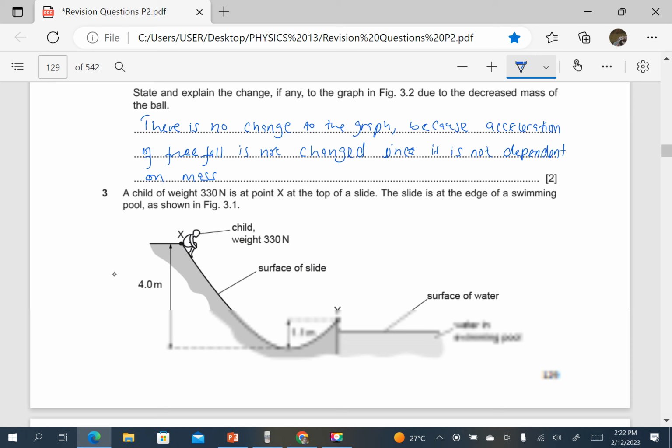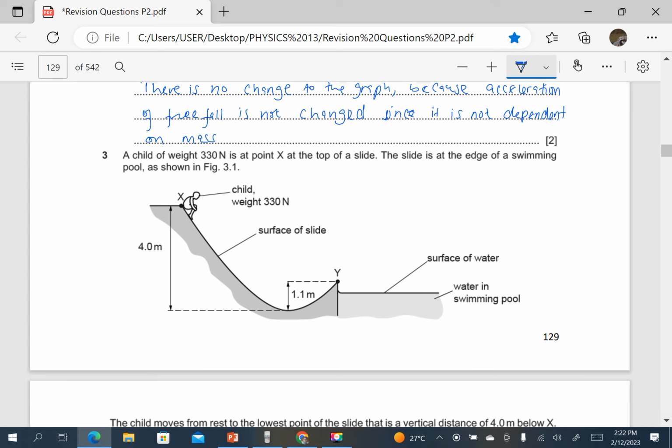A child of weight 330 newtons is at point X at the top of a slide. The slide is at the edge of a swimming pool as shown in the figure. So we can look at the figure.